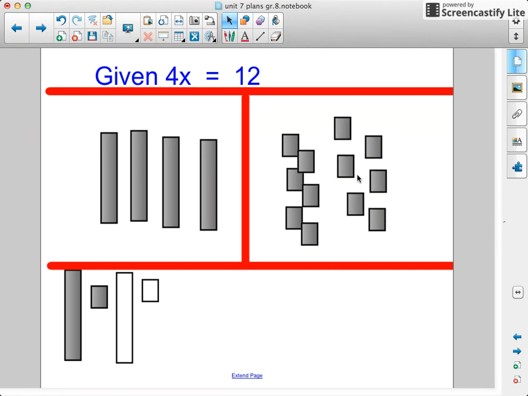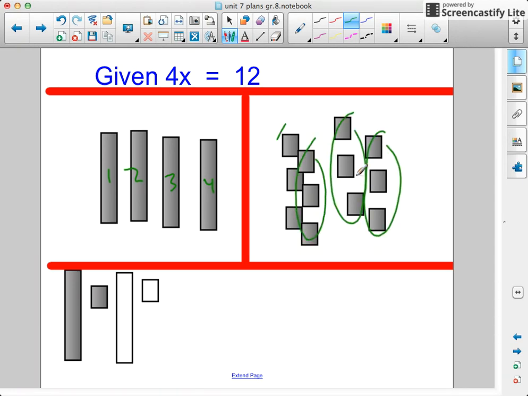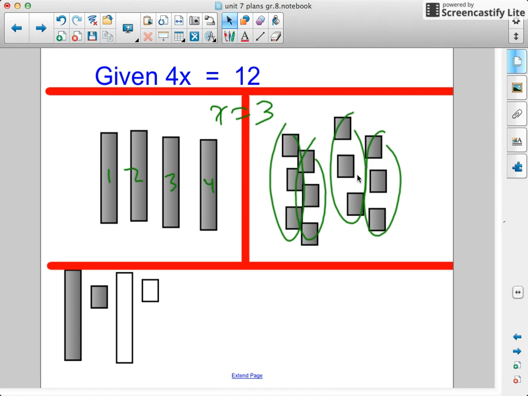Now, if we split those equally among 4 x's, so since there's 1, 2, 3, 4 of them here, we need 4 equal groups here. Well, again, in this case, x is going to be 3, there's 3 in each group. So I make equal groups. These were easy because I had variables on one side already and constants on the other side.